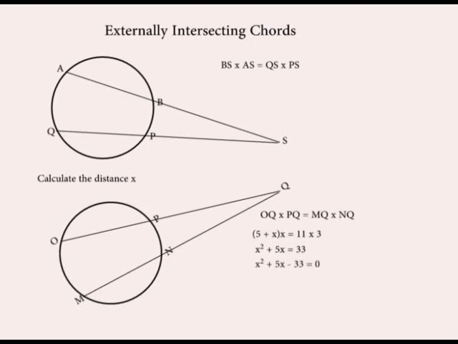X squared plus 5X minus 33 is equal to 0. Using the quadratic formula, X is equal to minus 8.76 or X is equal to 3.76. Distances can never be negative and hence the answer is 3.76. We disregard the negative answer.